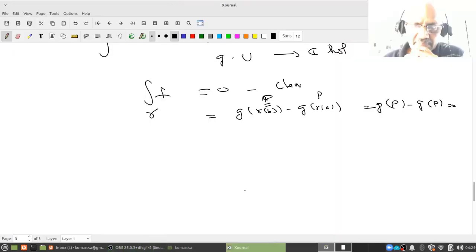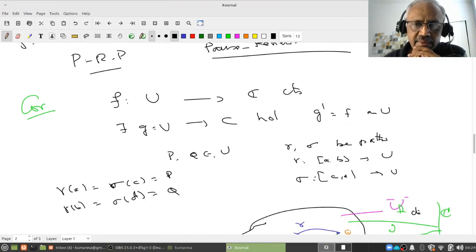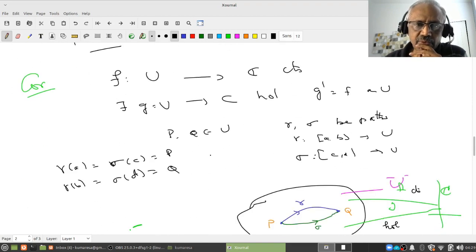Now, we have proved the fundamental theorem for path integral. We had also seen two immediate corollaries. Let us assume this is where I stopped.